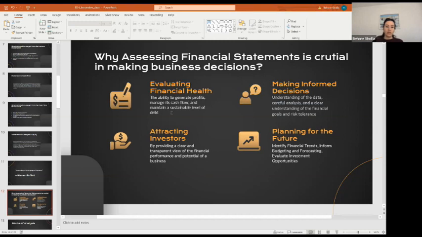This is particularly important because when someone wants to invest in a business, first they will see whether it generates profit or has a positive cash flow, but also mainly whether it has a large percentage of the investment based on debt.